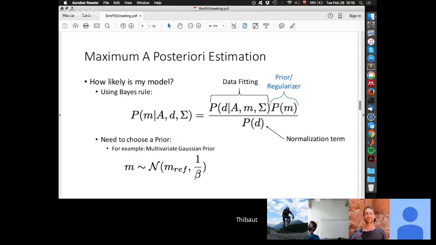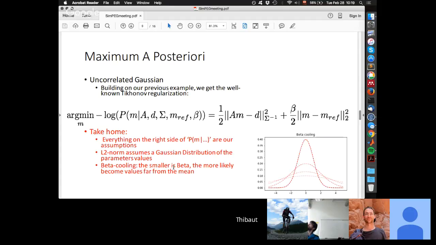So this product becomes a sum, and the exponential drops. I didn't put the intermediate steps, but when I minimize the minus log of my probability of M, I get back my data fitting term we saw before, and my regularization term.